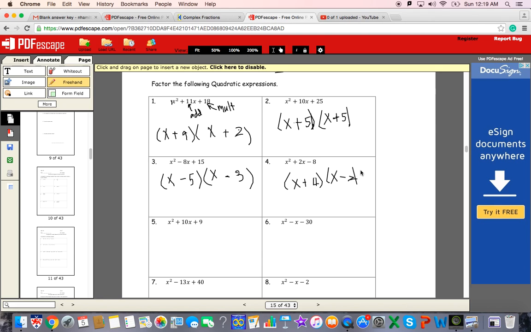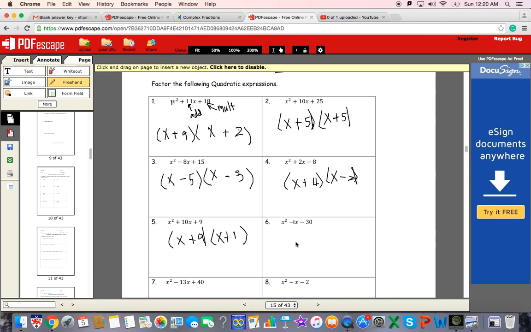All right, and then we keep doing that. 2 numbers that multiply to get 9 and add to get 10: 9 and 1, that one's not too bad. (x plus 9)(x plus 1). Now this one looks a little tricky. A lot of people make a mistake on this one, but it's the same idea. 2 numbers that multiply to get negative 30 and add to give you negative 1.